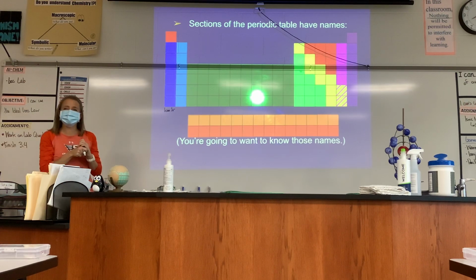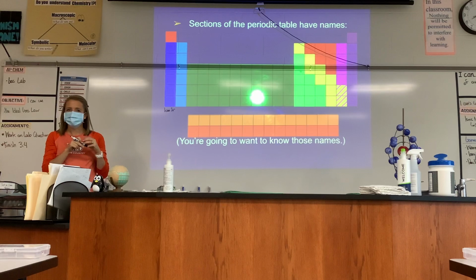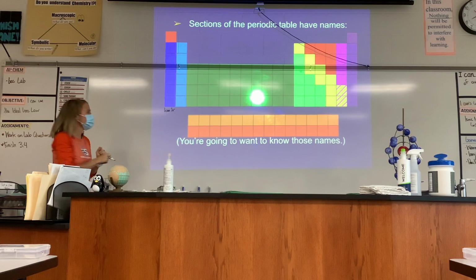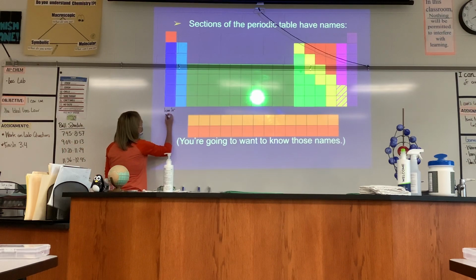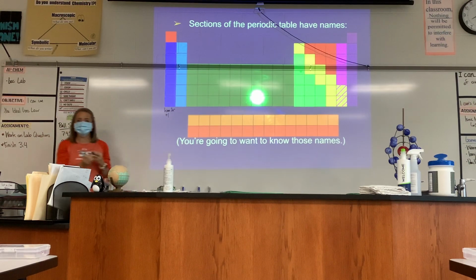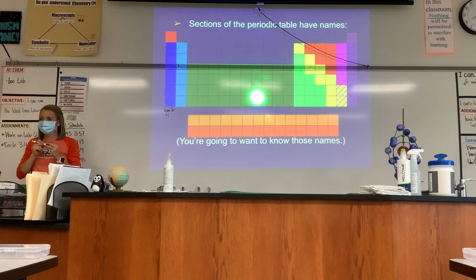Now, what's the charge of an electron? Negative. So if you lose something that's negative, what happens to you? You become more positive. So this column right here forms +1 charges because they like to give one away.